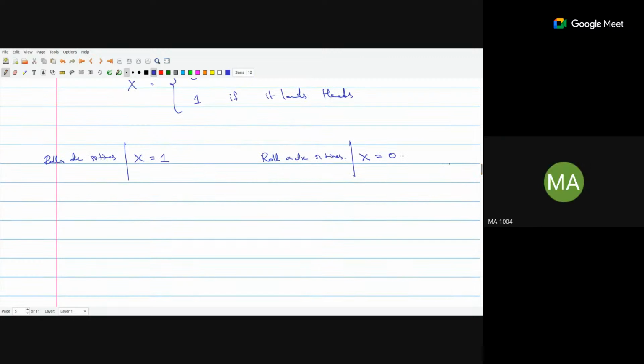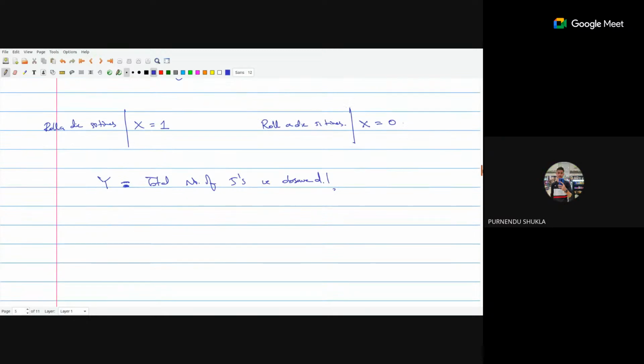Instead of writing roll a die 51 times or 50 times, I will define a random variable Y which gives me the outcomes. Let Y be the total number of times you get the number 5. So Y is defined as the total number of fives we observed.